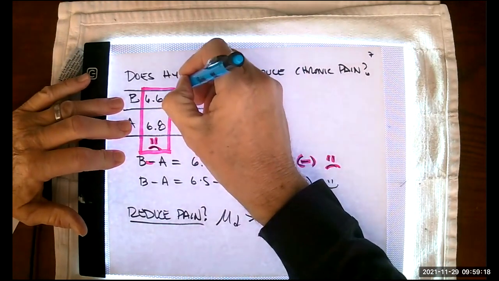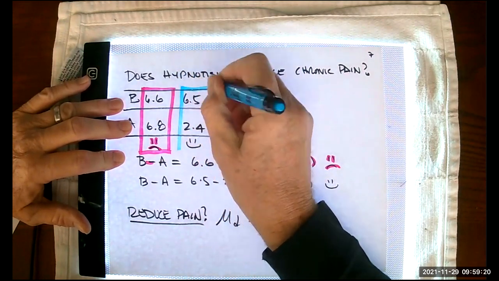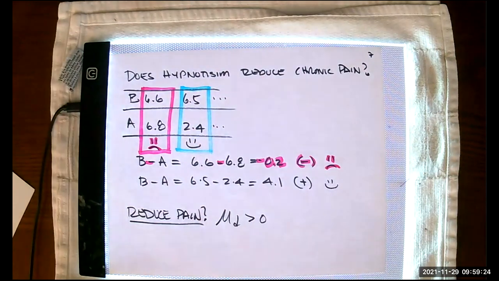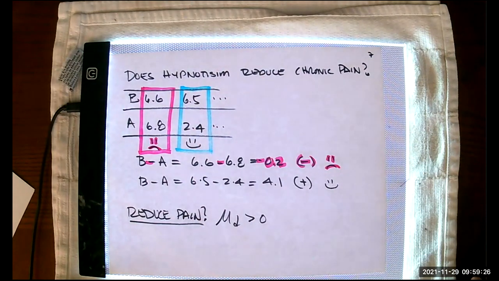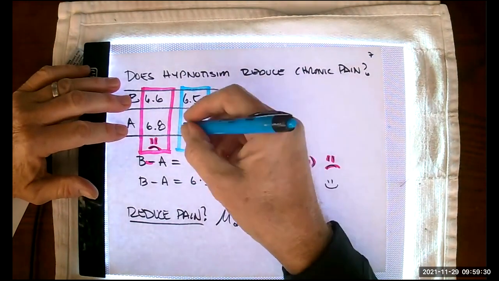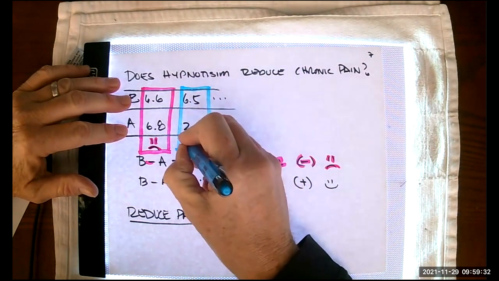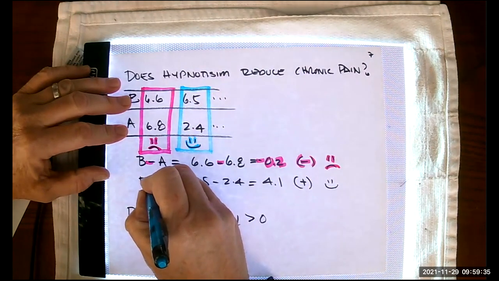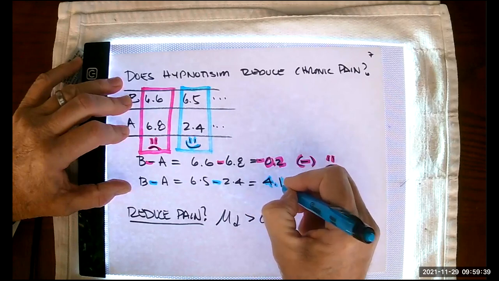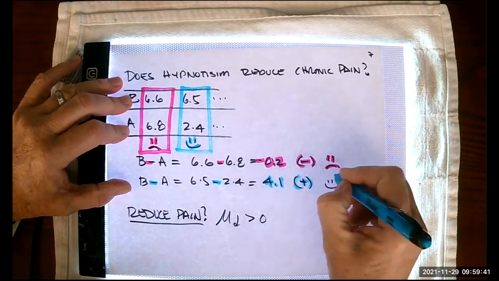However, here's the second person in my hypnotism treatment group. They measured 6.5 units of pain prior to treatment. After treatment, that pain level had dropped to 2.4. So here, my before minus my after results in a positive value.